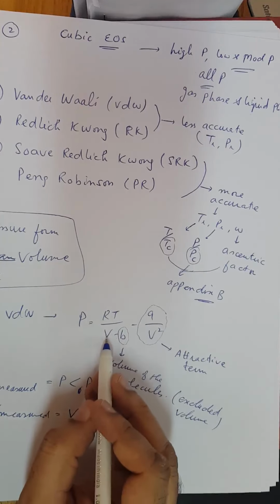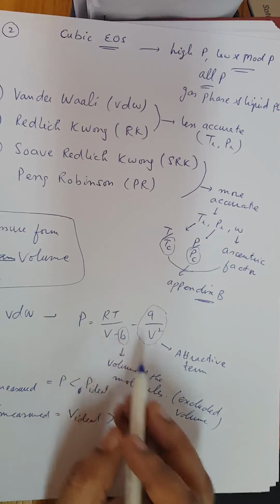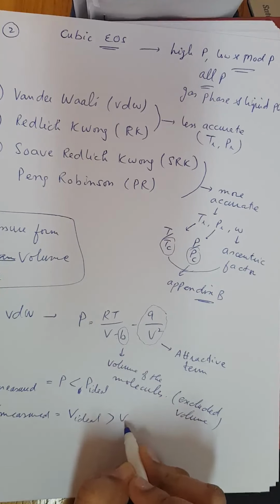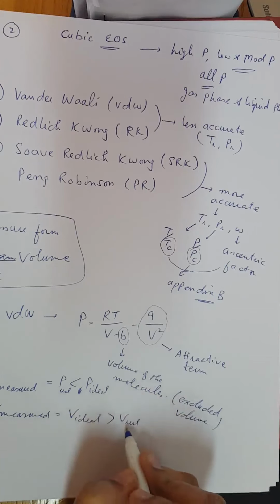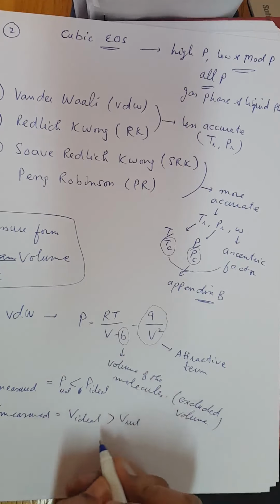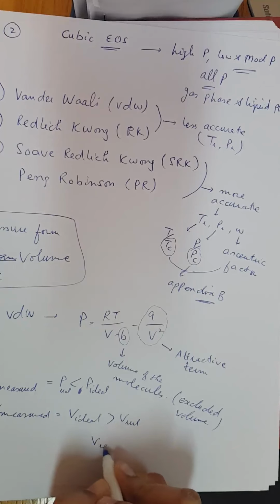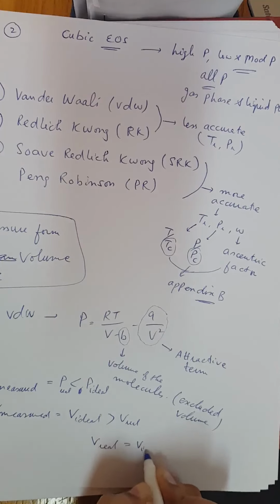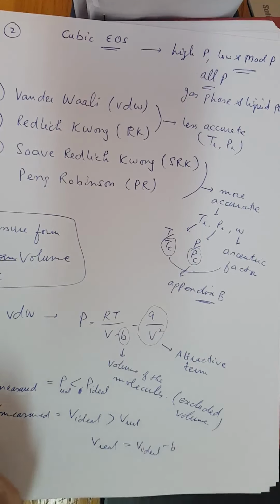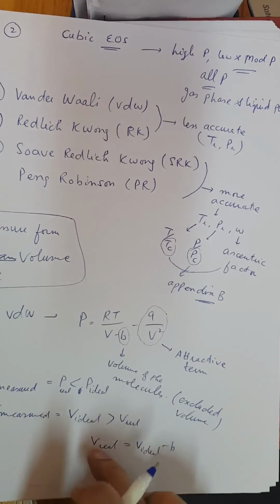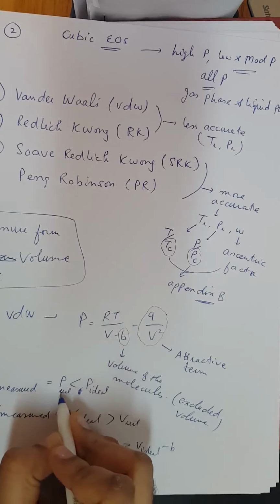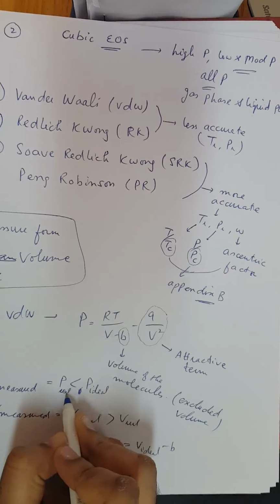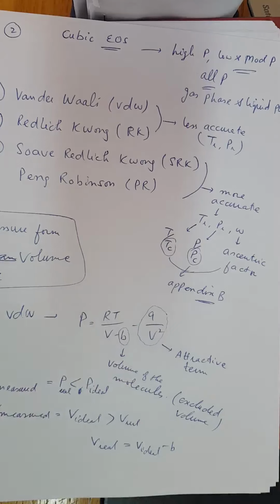So V real equals V ideal minus b. Since you are subtracting this term, of course the volume will be less. Similarly, the pressure exerted by the molecules on the inner surface of the cylinder will be more if there is no force of attraction.